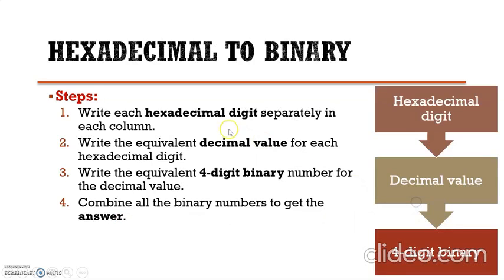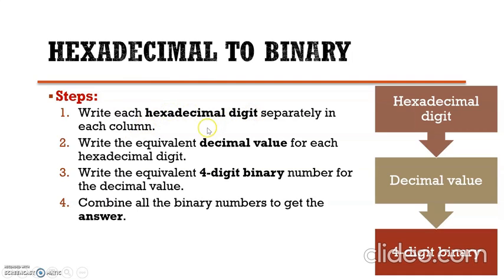Okay, next one, the last one is hexadecimal to binary, the reverse. So hexadecimal to binary is about the same, similar, because we have to write the digits separately in the columns. The first step is to write each hexadecimal digit in the number given to us separately, in different columns. In each column, one hexadecimal digit.